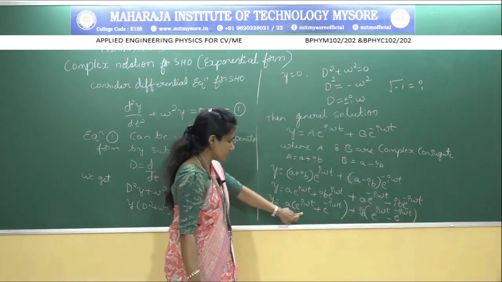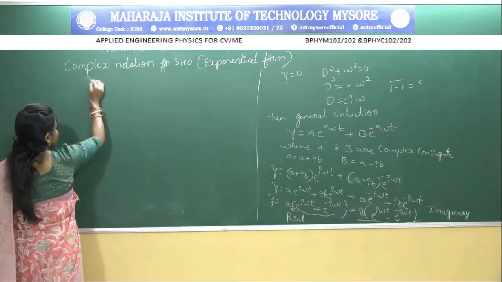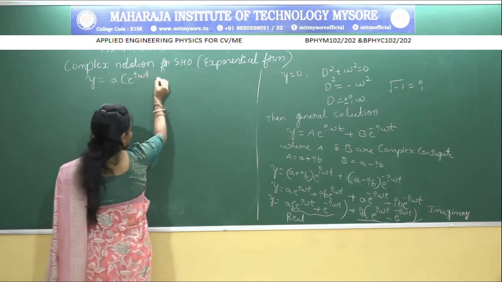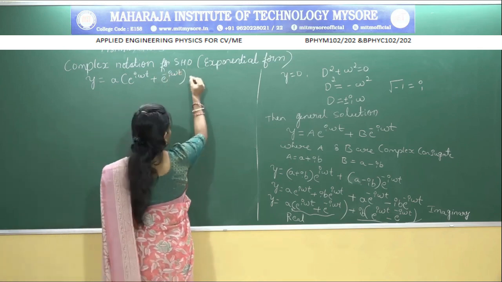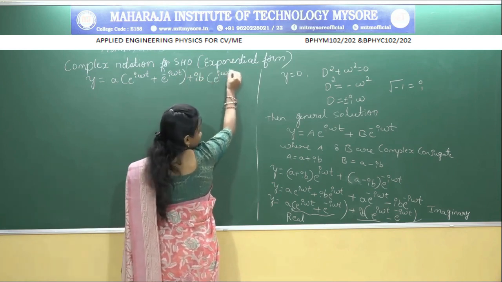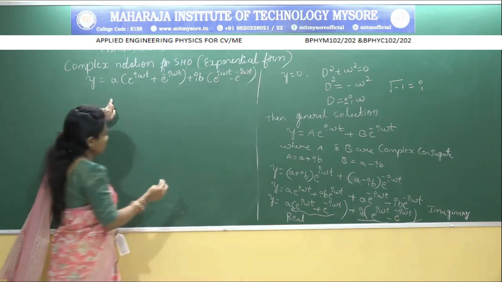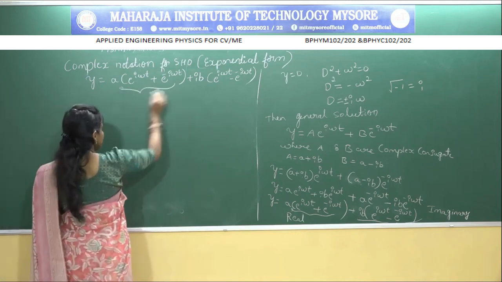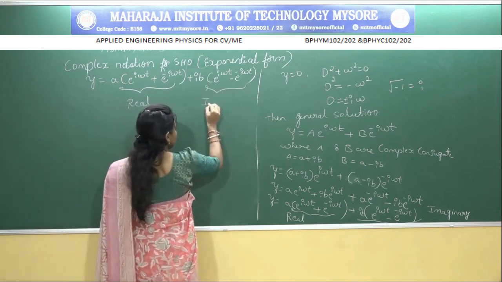So this is the real and this is the imaginary term. Writing it again, y is equal to a into e to the power of i omega t plus e to the power of minus i omega t plus ib of e to the power of i omega t minus e to the power of minus i omega t. If you observe, this is the real part and this is the imaginary part.